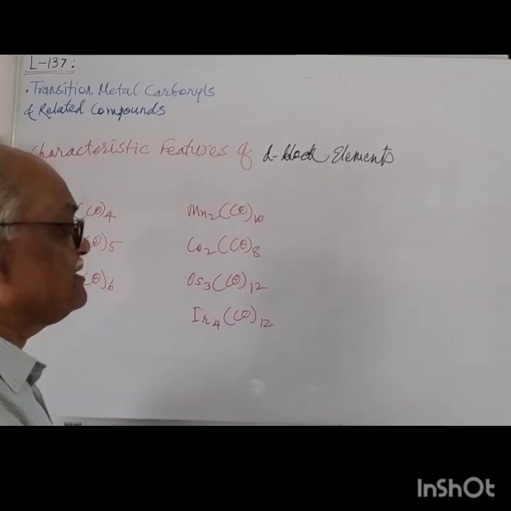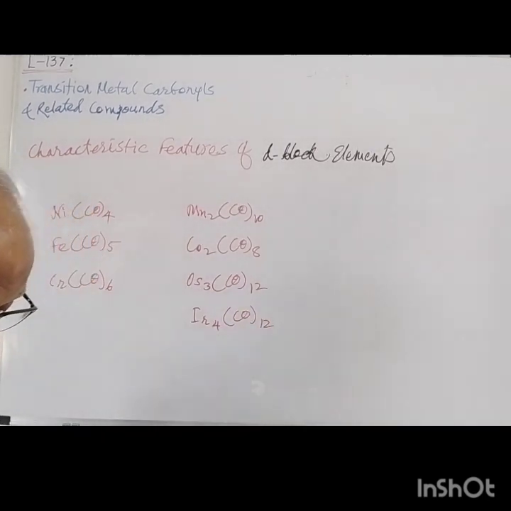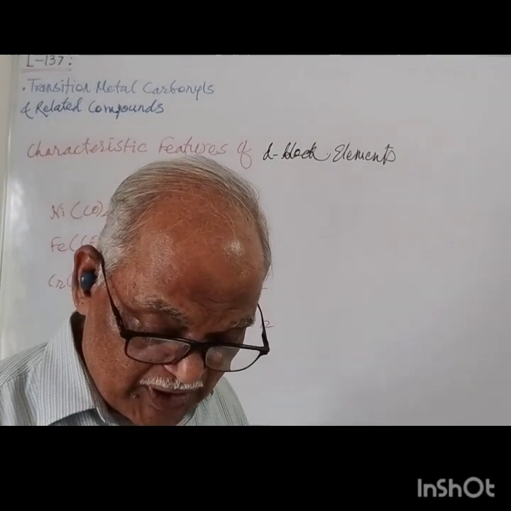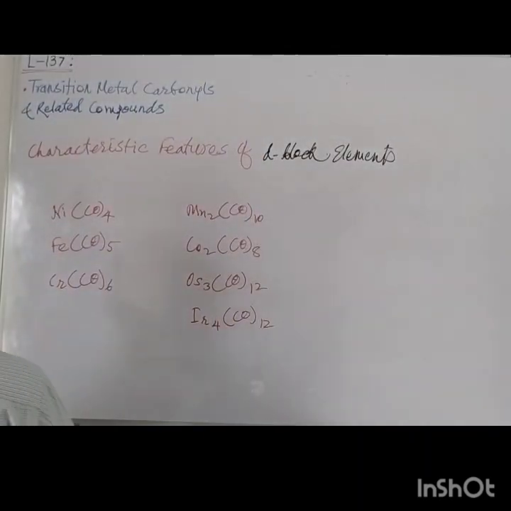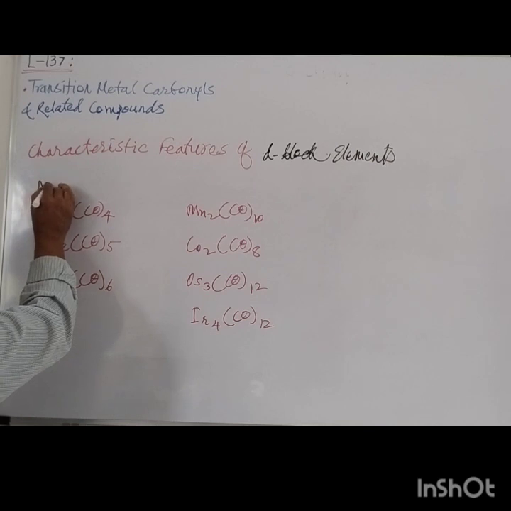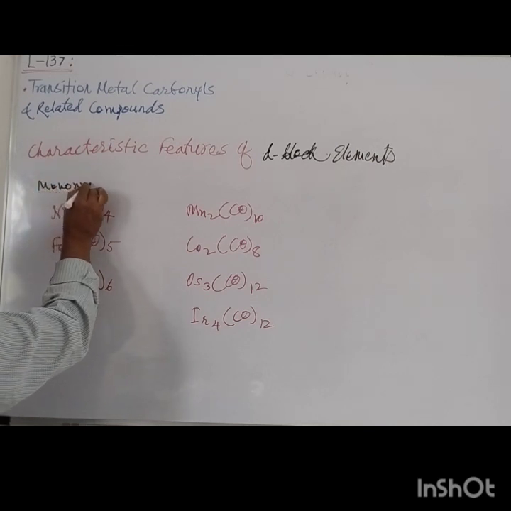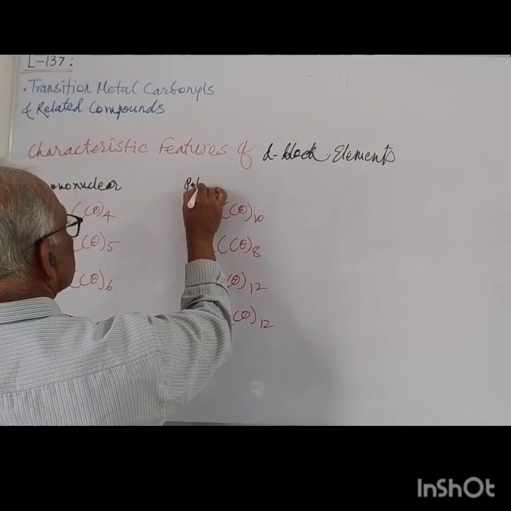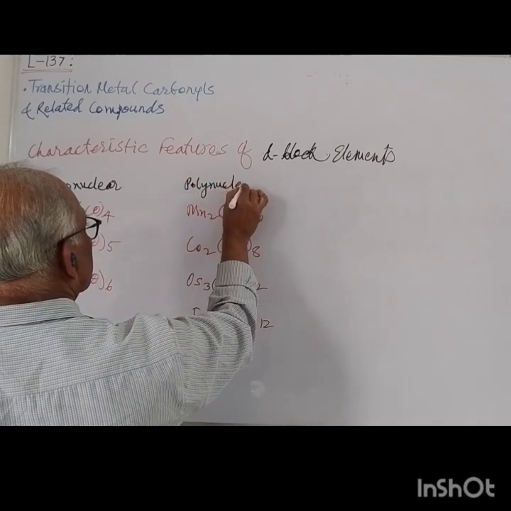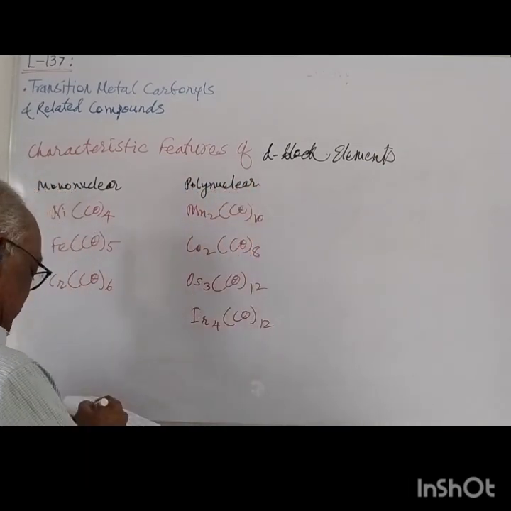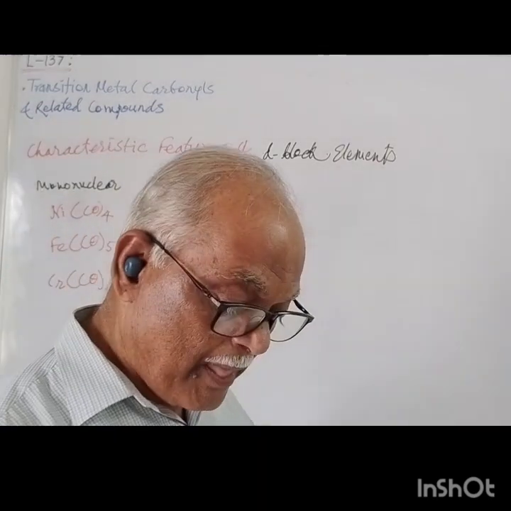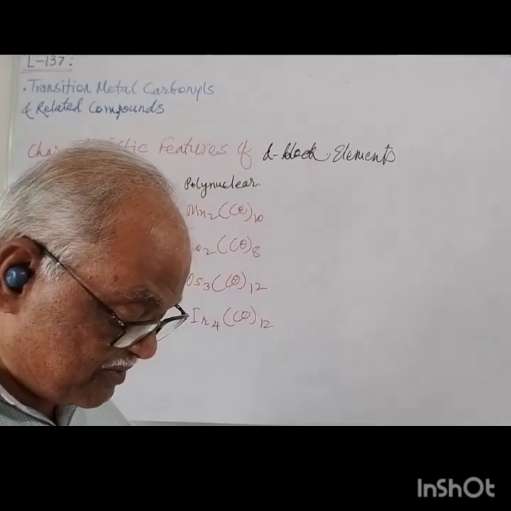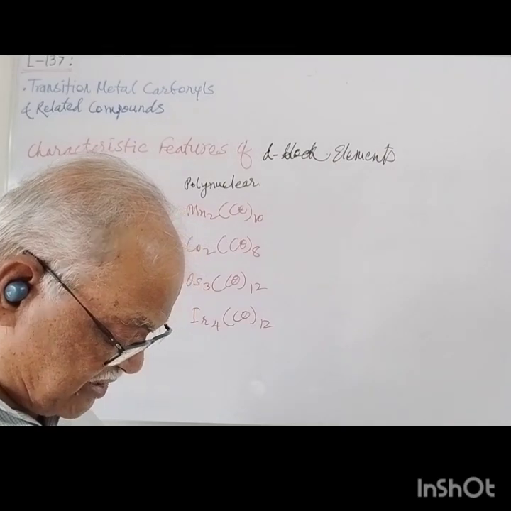So these are a few examples of polynuclear metal carbonyls. So we are showing that these are mononuclear and these are polynuclear metal carbonyls. So we can show some structures of these metal carbonyls.